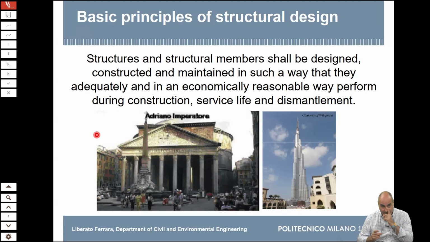As a matter of fact, the structure of the Pantheon is a very thick cylinder wall, and there is a dome on it. Well, the dome is a structure which mainly works under compressive forces. And compressive forces are what concrete is naturally good for. Concrete is not good in tension.